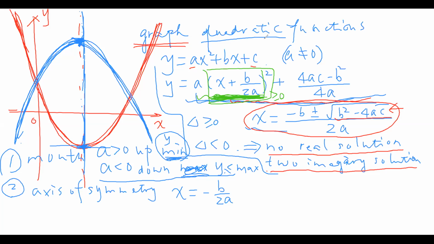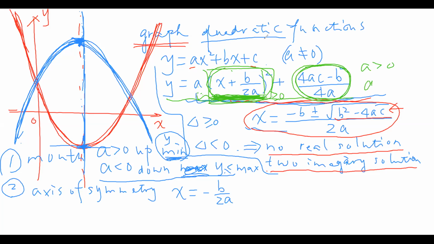So for the whole equation here, if a is greater than 0, this term becomes the minimum value of 0, because it is times a positive number. So this one becomes the minimum value. Just like in the first case, when a is greater than 0, the right part becomes the minimum value.